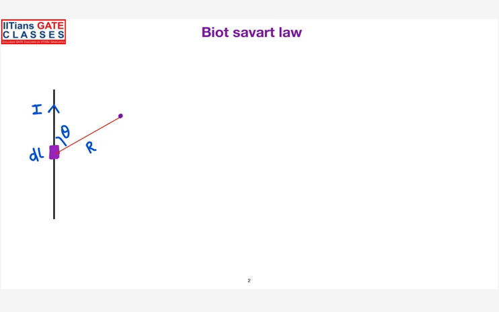What does the Biot-Savart's law say? If we have any current carrying element, let us say this is my current carrying element, and I am passing a current of I amperes. In our physics we have studied that every current carrying element is going to create a magnetic field.